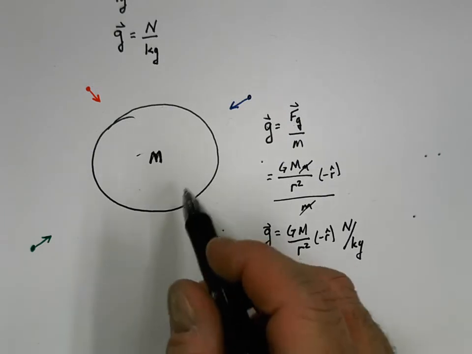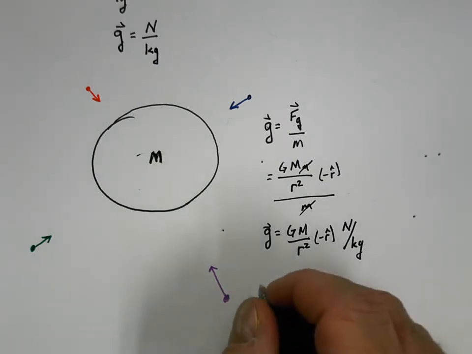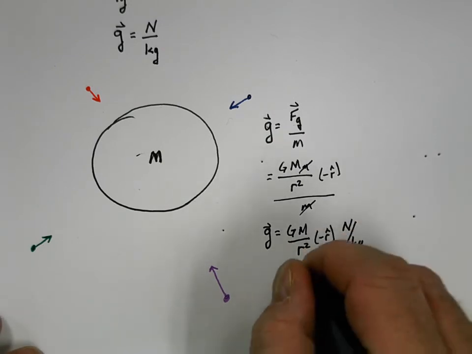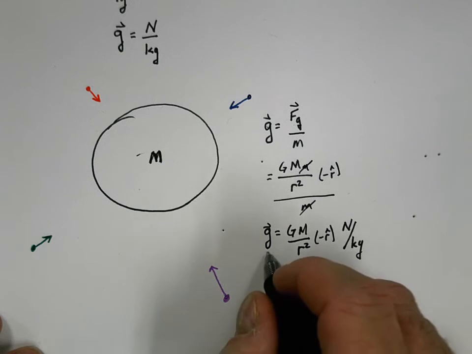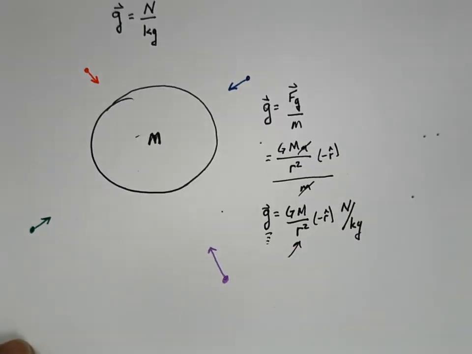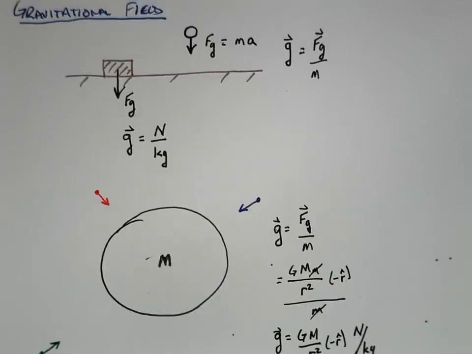So as r increases, as we move away from the planet, the lines get further apart, and that means we have a weaker gravitational field. So as r increases, the gravitational field decreases as we move further away from the planet. And that's the basic idea behind gravitational field. I know it's a really short little lecture, but that is the idea behind the gravitational field.